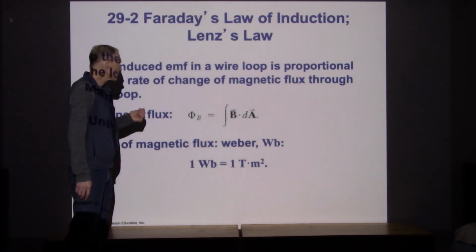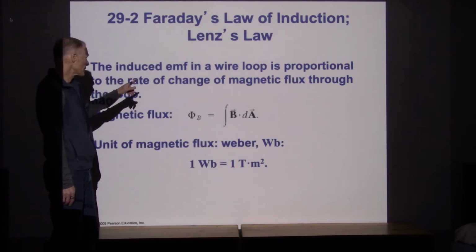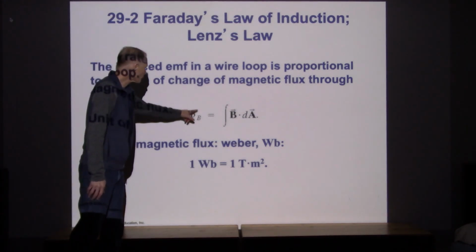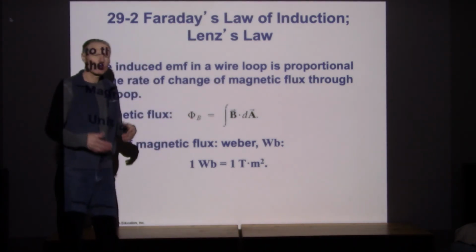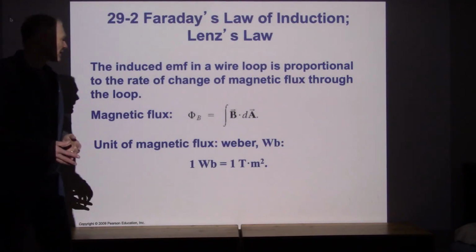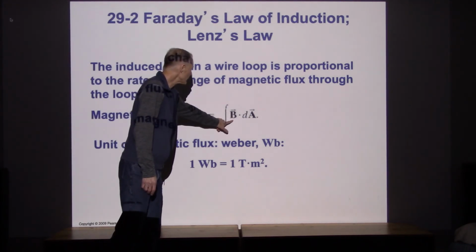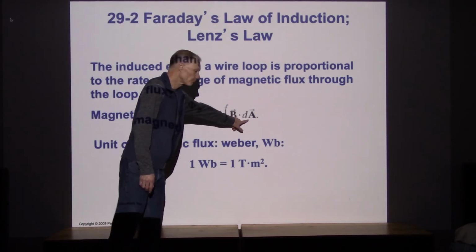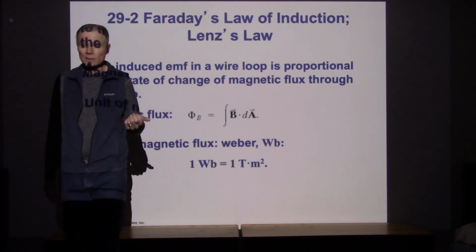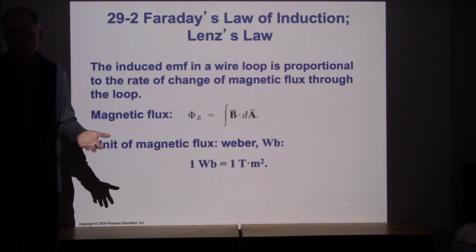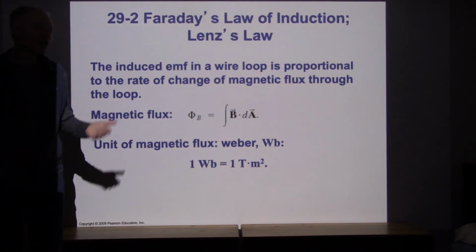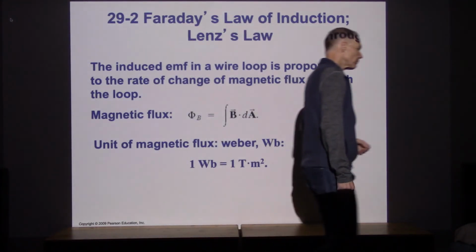This third Maxwell's equation, Faraday's law, starts out first of all by determining what is magnetic flux. And magnetic flux comes from integrating a magnetic field over an area. Now, we integrated electric fields over surface areas in Gauss's law. Let's see how this one compares.